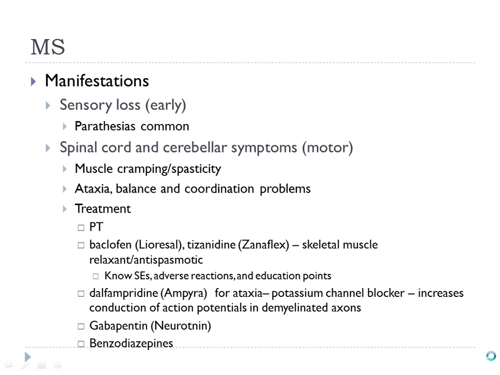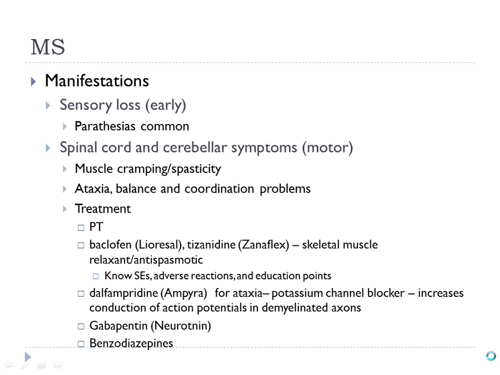And to treat these signs and symptoms, here are our medications. Physical therapy obviously would be an excellent consultation for a person with MS that has these manifestations. You all know about baclofen already because you studied neuro and understand how it works and know the side effects of baclofen, the skeletal muscle relaxants.